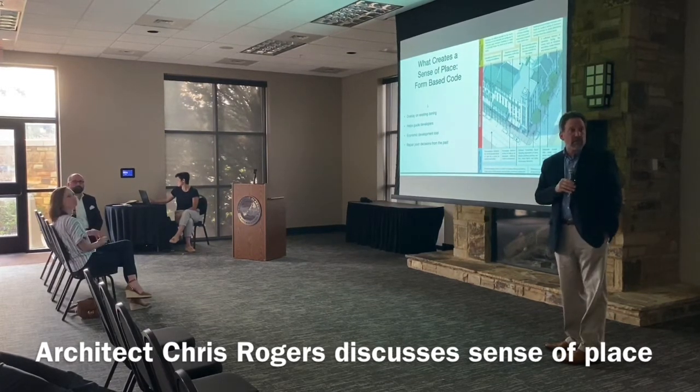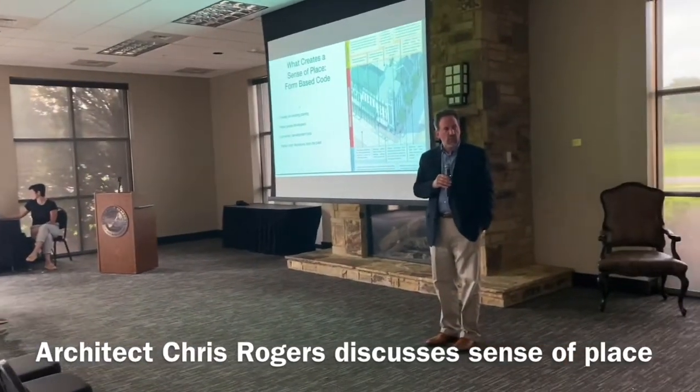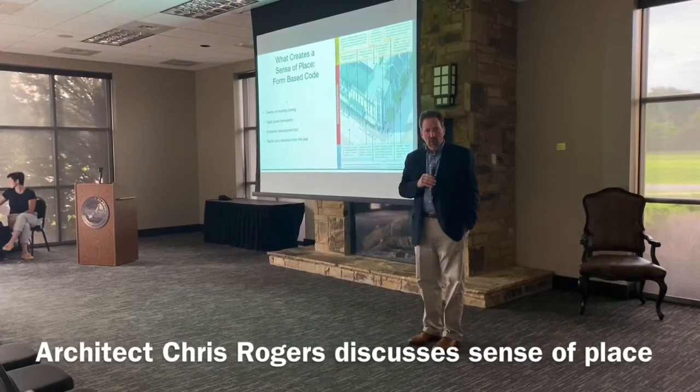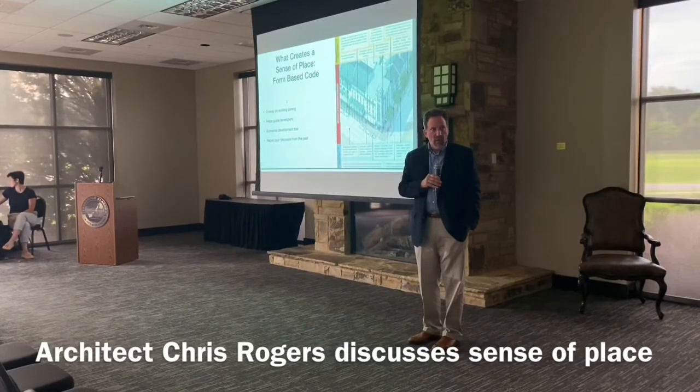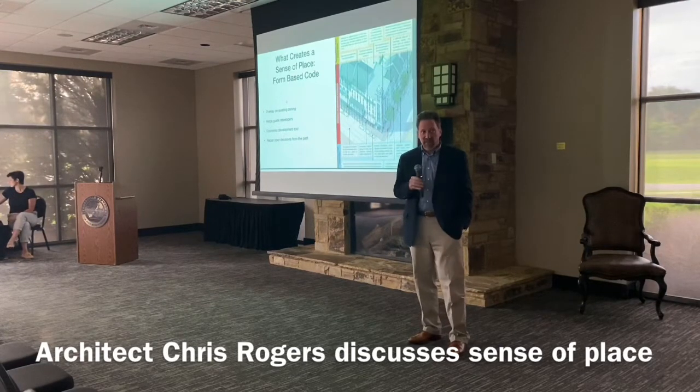Yeah, a great example would be, people are always wanting to replace windows, for example. In Highland Park, when they come to us wanting to replace windows, we don't care what's going on behind the window, but we need to make sure that that window is constructed the way a traditional window would have been constructed, so that the look of the house is historic in nature. That's the extent of it.